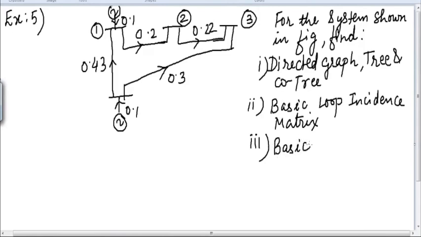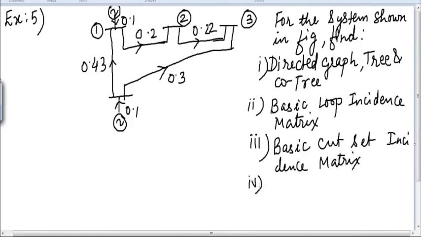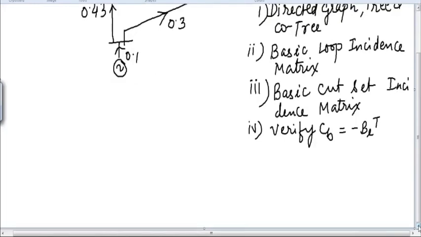The third bit is basic cut set incidence matrix. This is the third bit that they have asked. Let us see what is the fourth bit that they have asked. In the fourth bit they have said verify CB is equal to minus BL transpose. This is the identity which we have already proved.